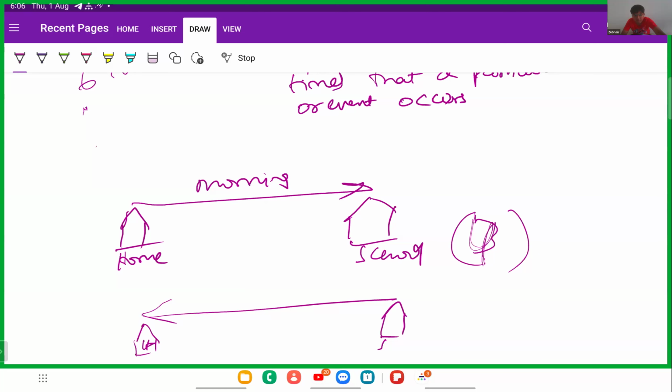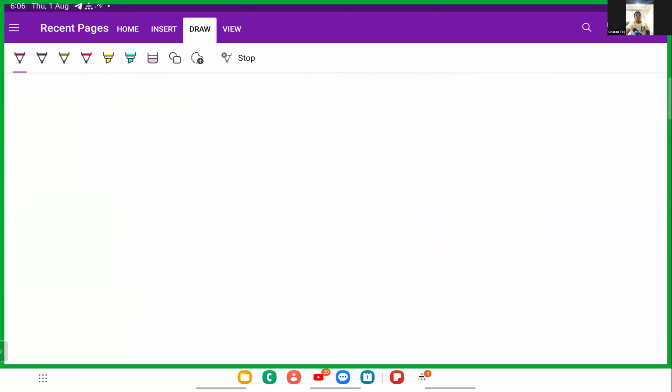So how many times am I paying? 2 times in a year. So my frequency is 2, and my event is paying fees to an institution in a year. Any confusion here? No, sir.